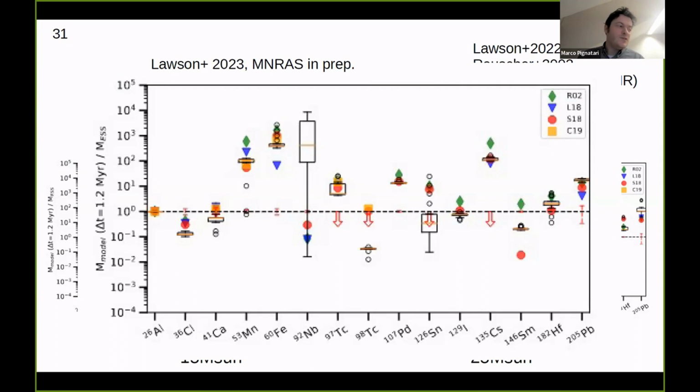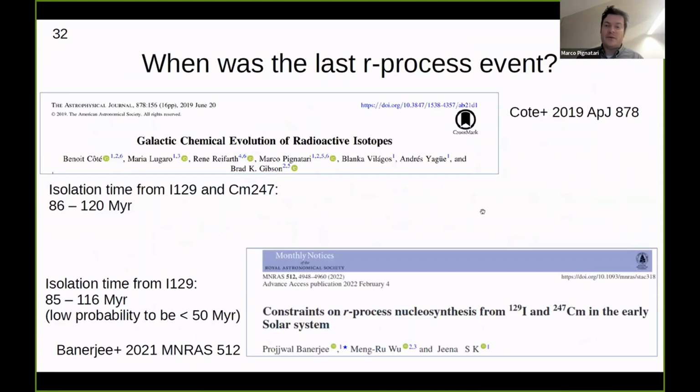And this production is really important because, and I'm just providing two references for you to go and check, iodine-129, together with other short-lived radioactives like curium, for example, has been used to calculate the isolation time, how much time passed between the last r process event and the formation of the solar system.